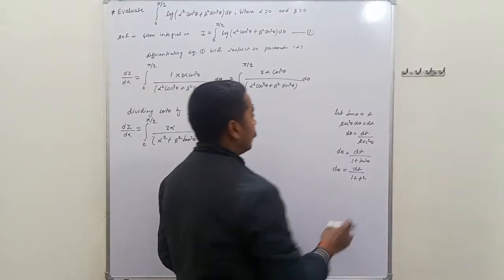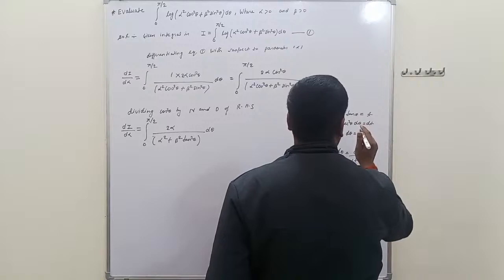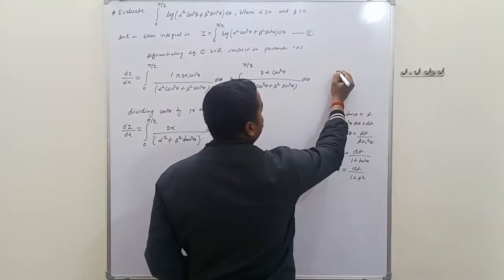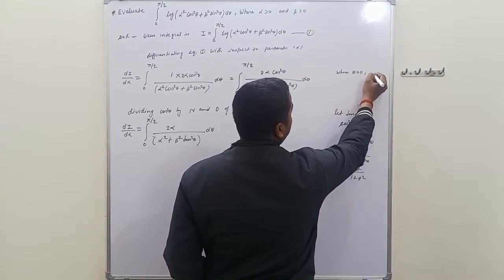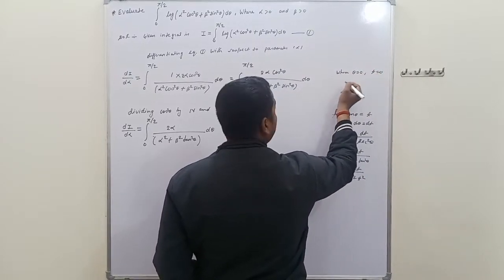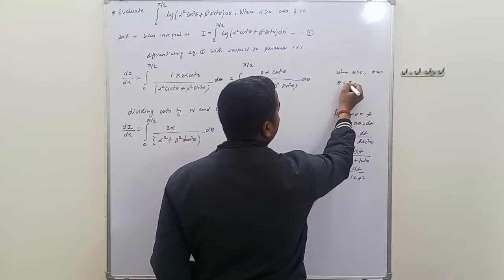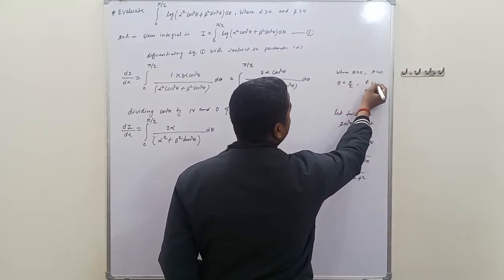When theta equals 0, we get t equals 0, and when theta equals pi by 2, then t equals infinity.